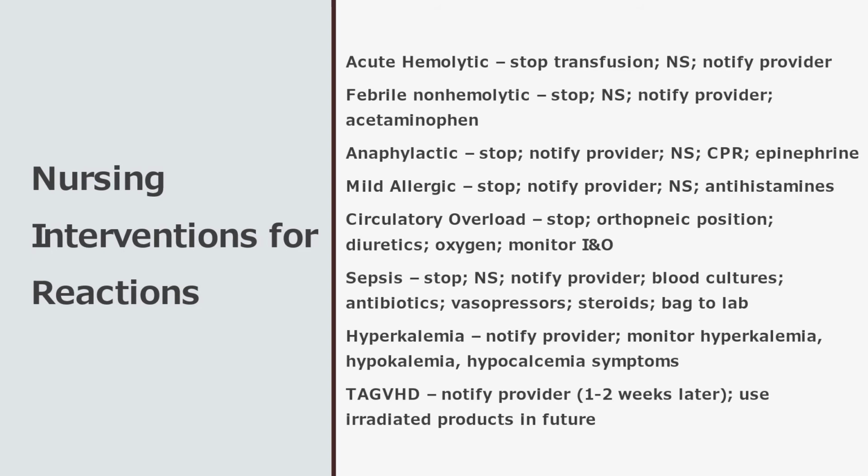Of course, if there's a bad problem going on, you notify the provider, but that is not necessarily the first thing that you're going to do, because these are emergency situations. If the client is having a reaction, you as the nurse need to do something first, and once the client is stable is when you notify the provider.